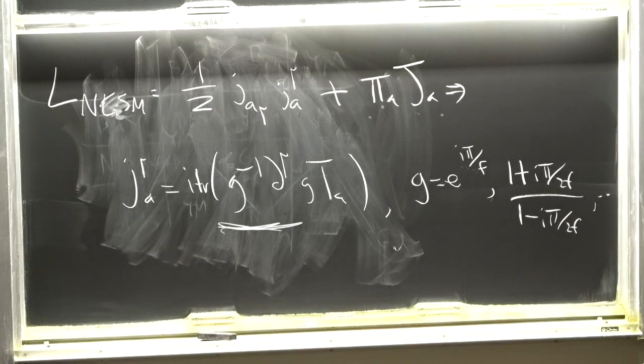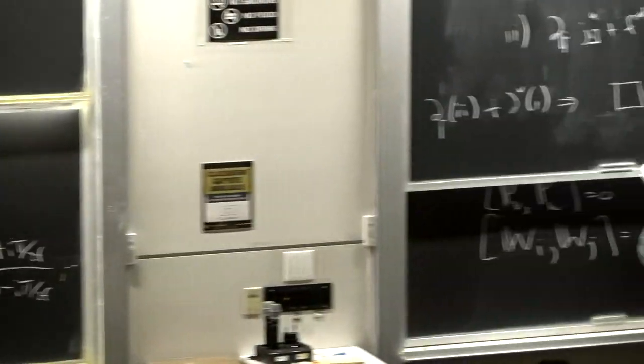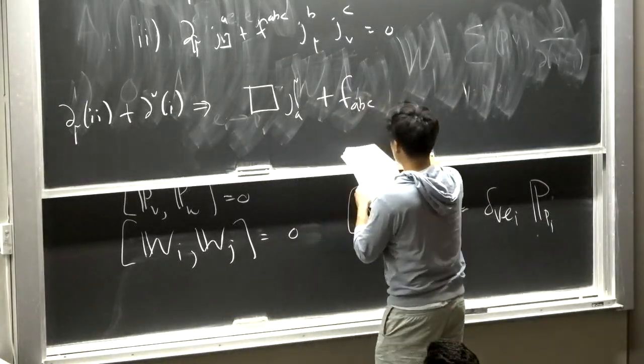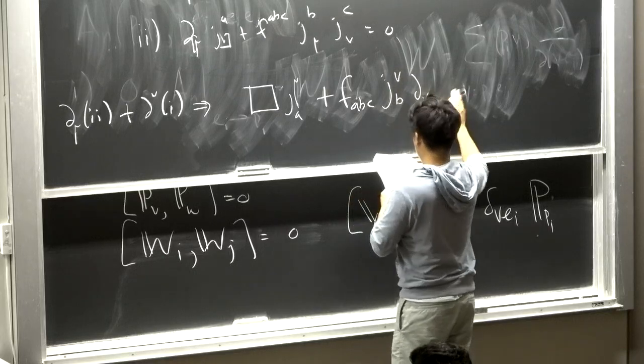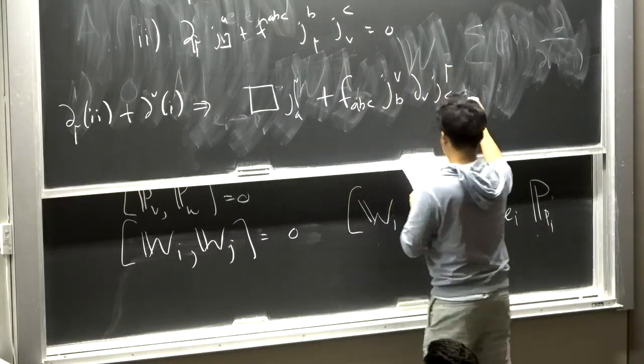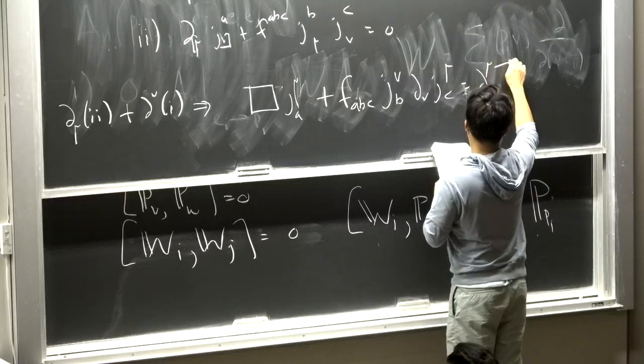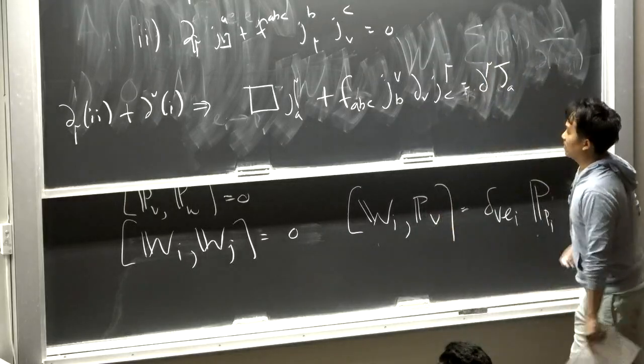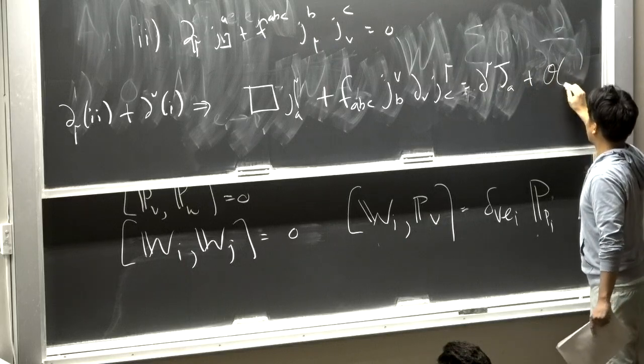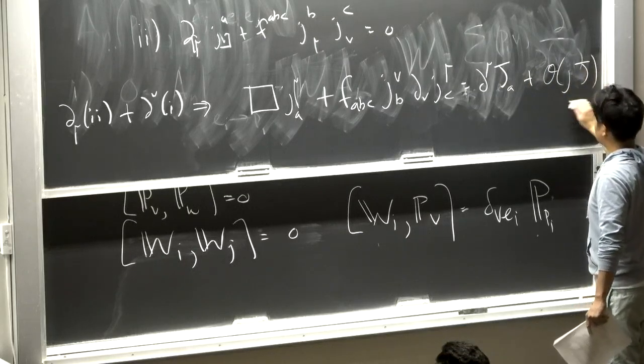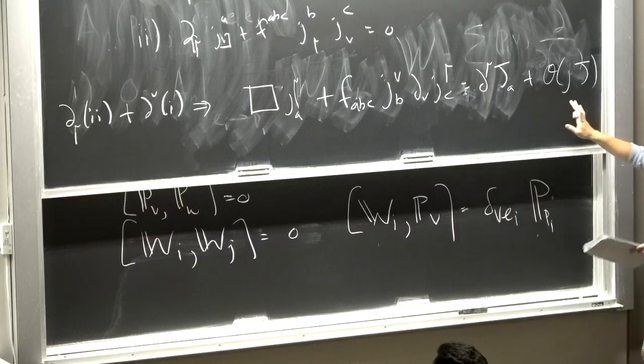Well, let me take the following combination of equations: d^mu of equation 2, minus d^mu of equation 1. What do I get? You get the following: box J_mu^a plus f^abc J^b_nu d^nu J^c_mu equals d_mu j^a, plus terms of order little j and capital J. Let me get to these now.